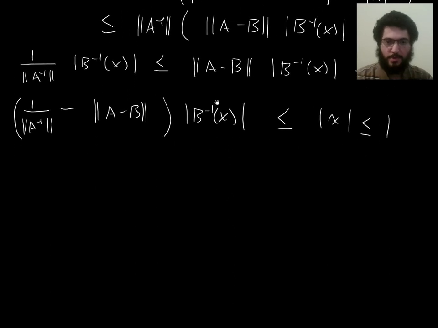And whatever upper bound I get for the norm of B inverse x, that's going to be an upper bound for the norm of B inverse. So that's by the definition of the norm of a linear map. Okay, so let me divide both sides by this, and there's my upper bound for the norm of B inverse x.